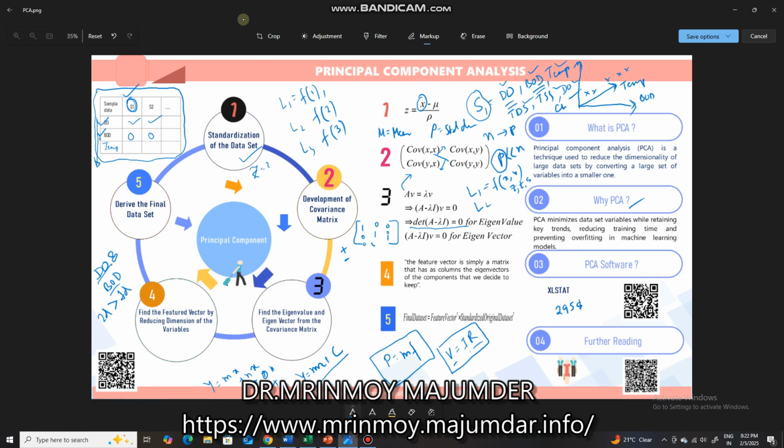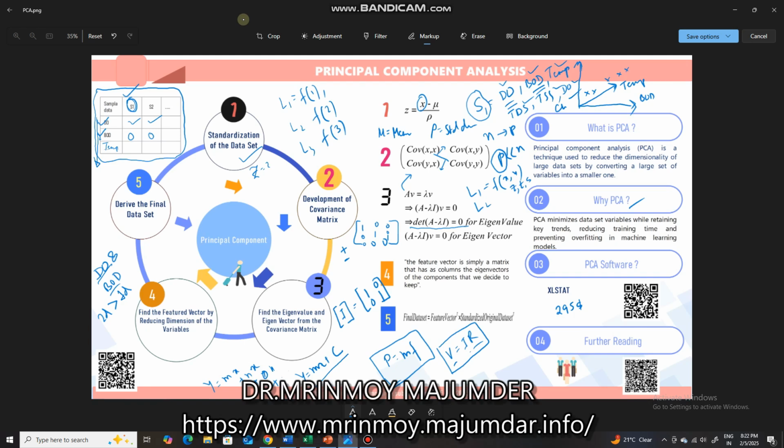Now as we are dealing with two-dimensional data, our I matrix will be like this only: 1, 0, 0, 1. That is it. So I is actually the unitary matrix. If you solve determinant of A minus lambda I equals 0, then you can find the eigenvalue.